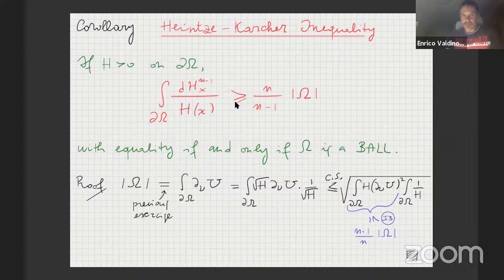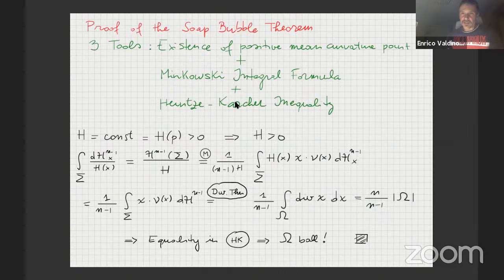But once you have the Heintze-Karcher inequality and you use the previous results, in a couple of lines, you can prove the Sobolev theorem. And this is basically what we did in the first lecture. And we are now ready to reuse this material for the rest of the course.